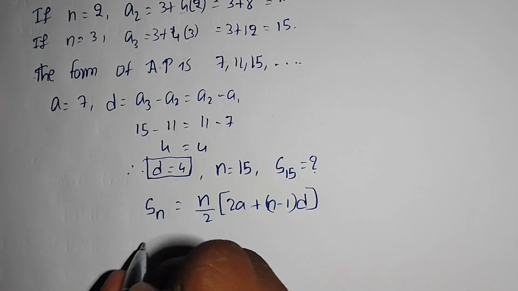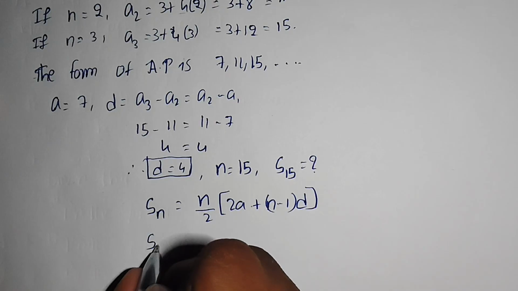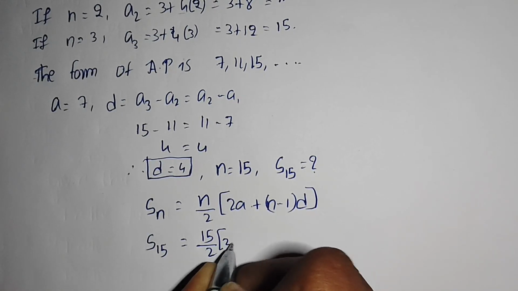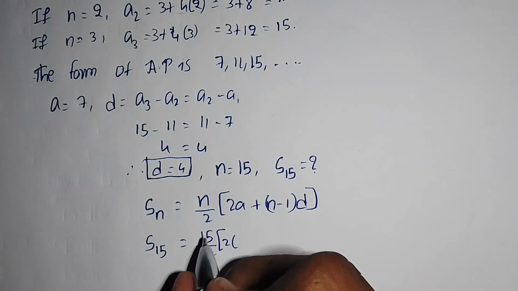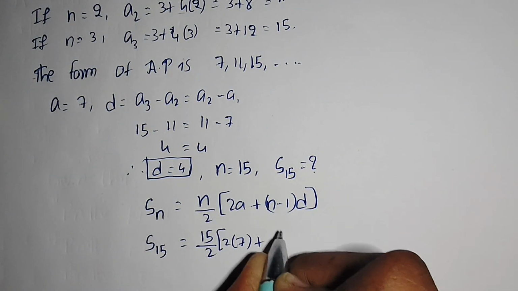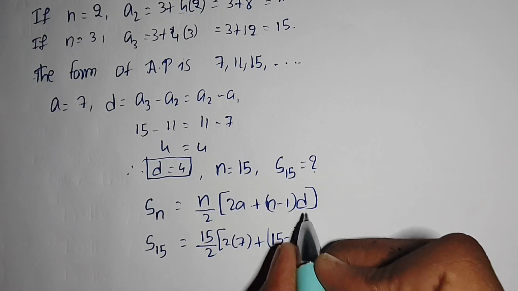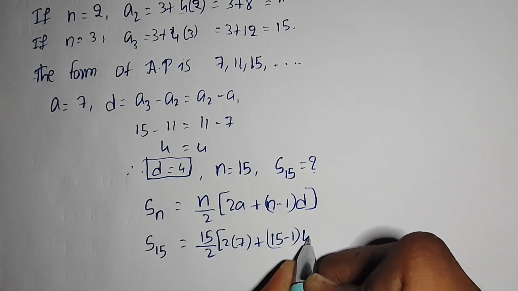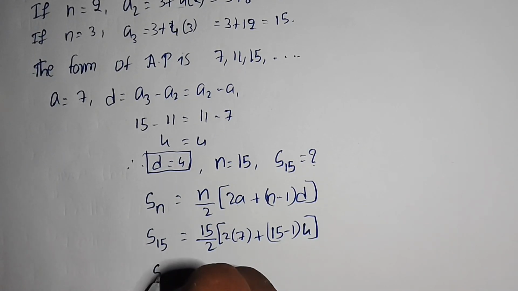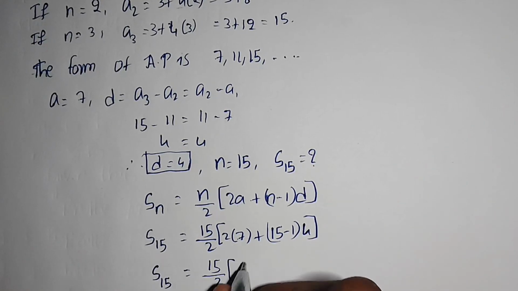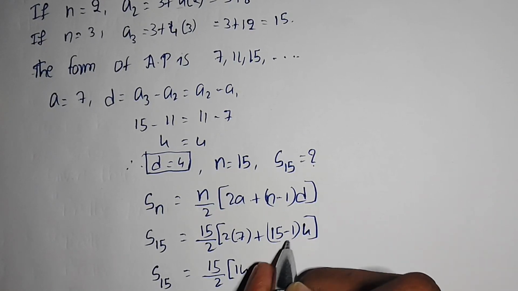He said the sum of 15 terms. So S15 = 15/2 into (2 into the value of a, 7, plus (the value of n, 15, minus 1) into the value of d, 4). So the sum of 15 terms is 15/2 into (14 + 14 into 4).